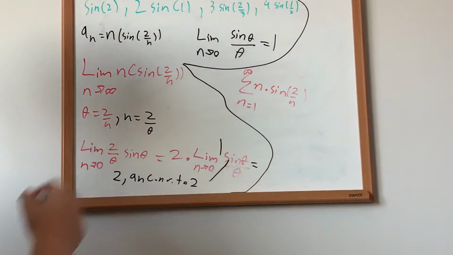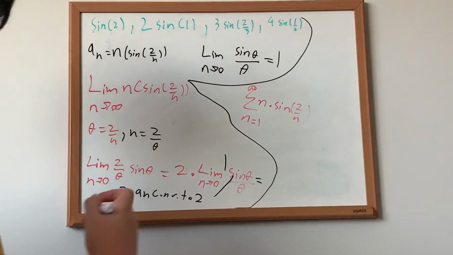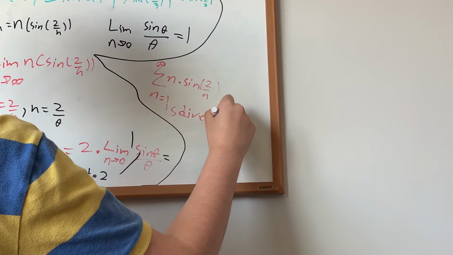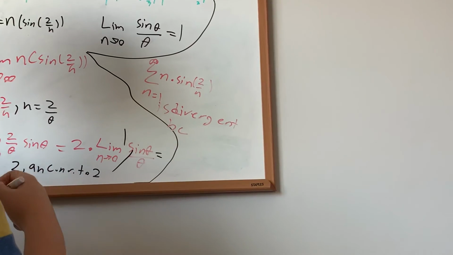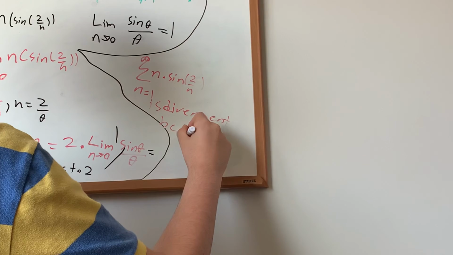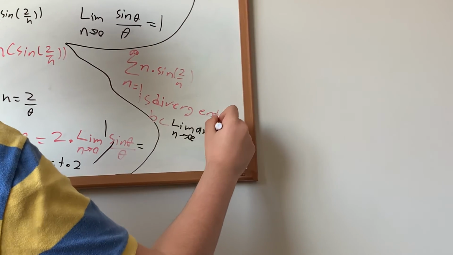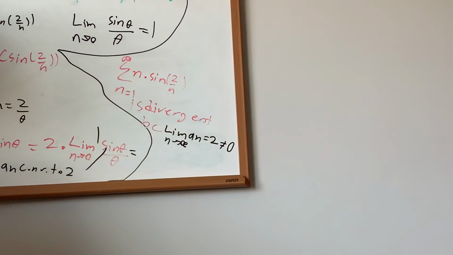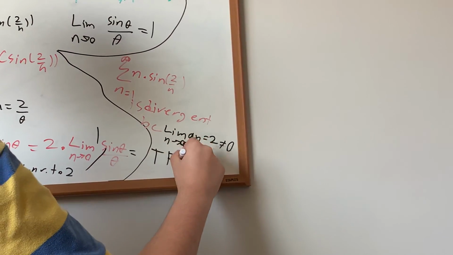So we can say the series from n equals 1 to infinity of n times sine of 2 over n is divergent, because the limit as n approaches infinity of a sub n is equal to 2, which is not equal to 0. And the formula we use is the test for divergence.